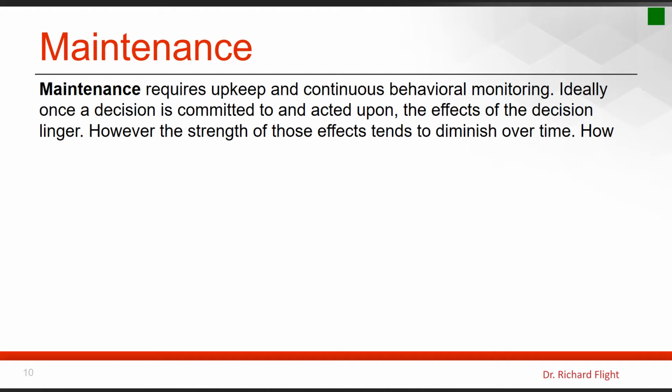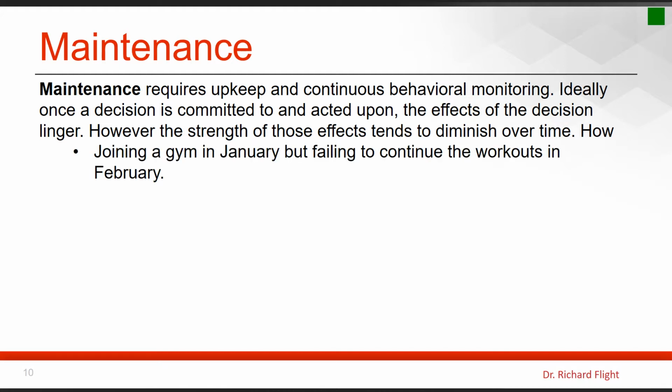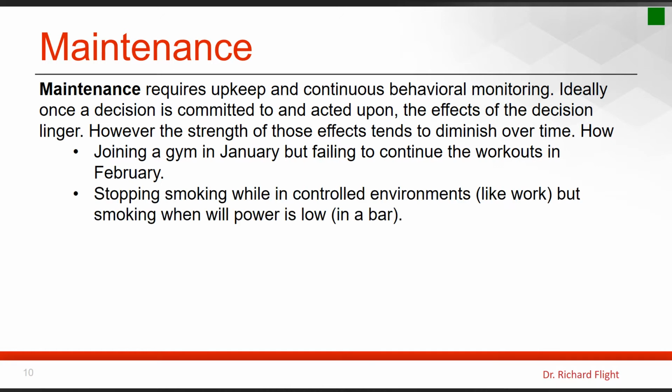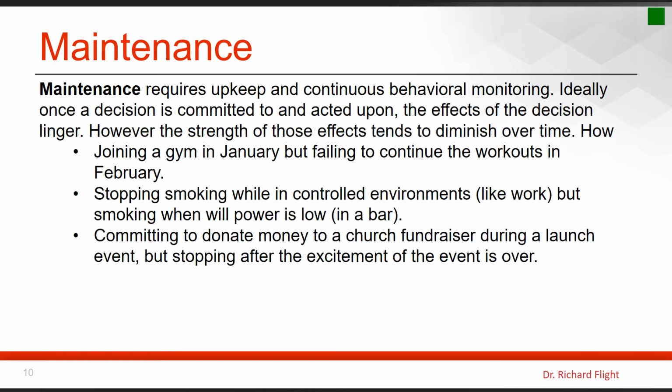So I want to be able to continue that. Joining a gym in January but failing to continue the workouts in February is a good illustration of how maintenance was not continued. Stopping smoking while in a controlled environment like at work, but then smoking when the willpower to resist is low, is a good example of how maintenance is not kept.